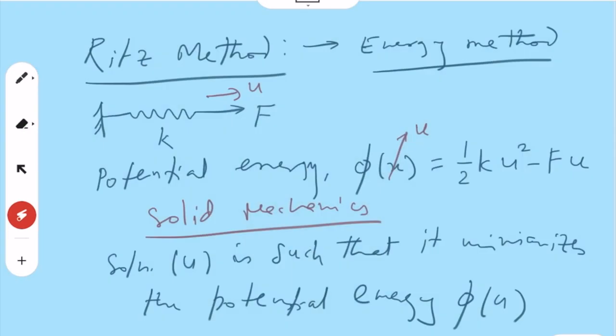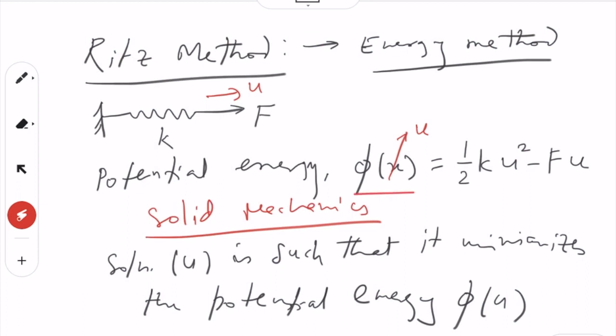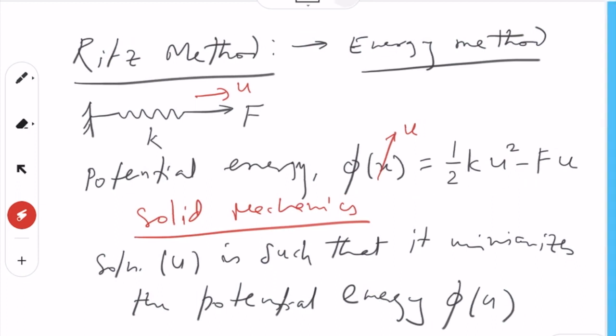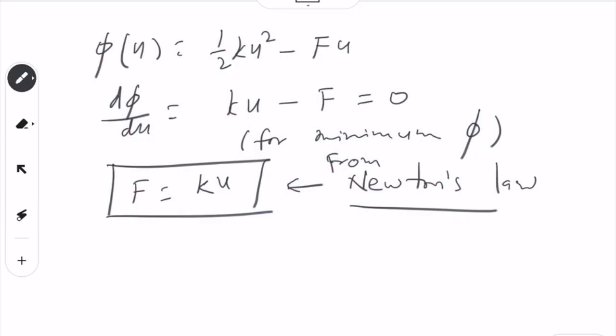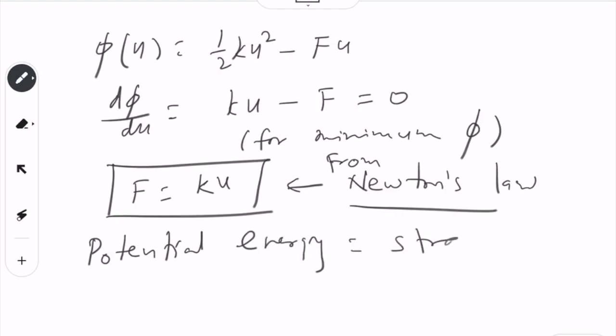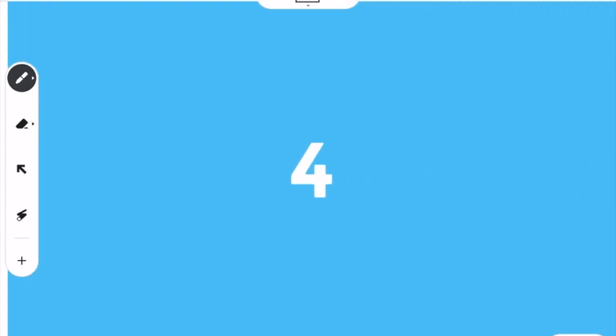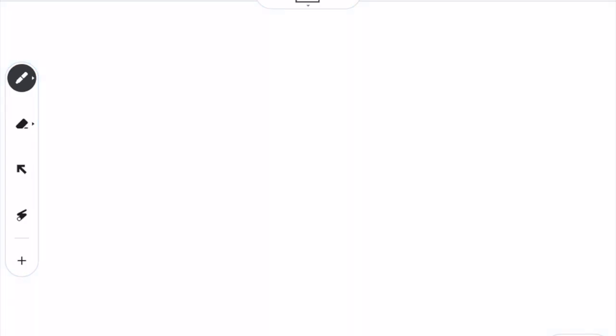But in this case we know this form: potential energy equals strain energy minus work done. The same thing we are going to use for a bar element, something like this.